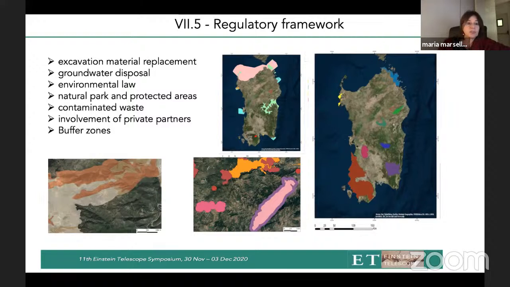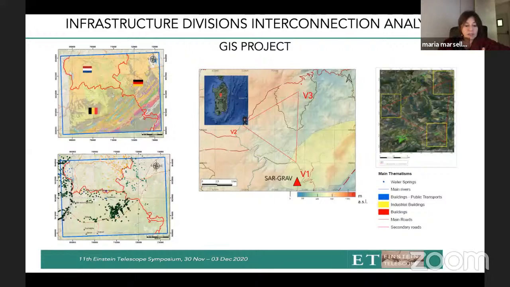Last thing I want to say: all the information that we will gather in this working group is mostly geographically based, because it relates to geology and environments and all results and outcomes from the investigation, from the in situ analysis. We will organize a GIS project, probably web based, that will be available for the community to share the data and all the information that we will collect.